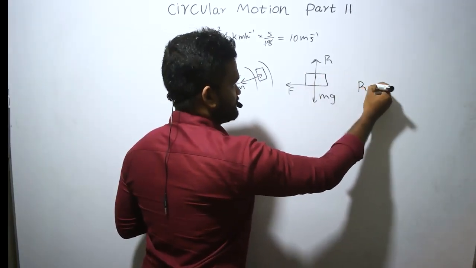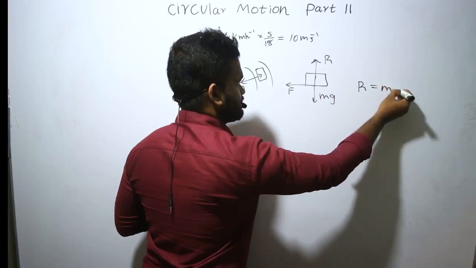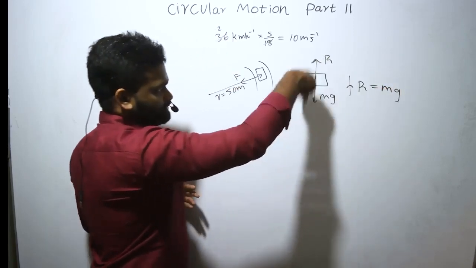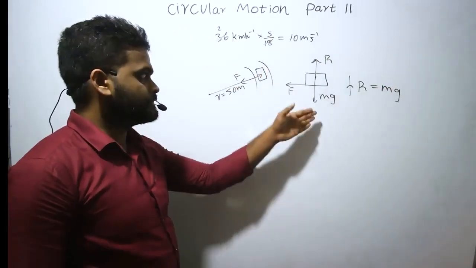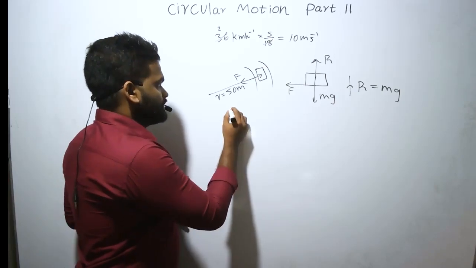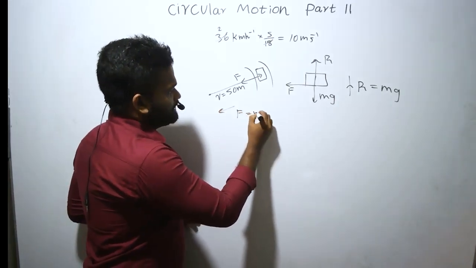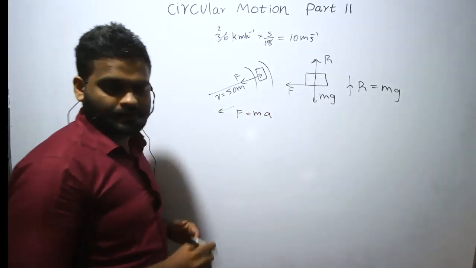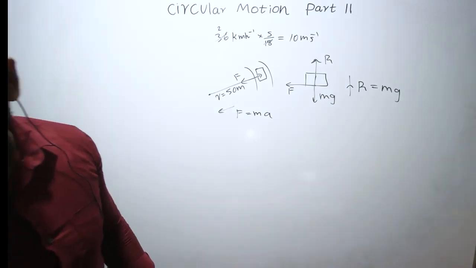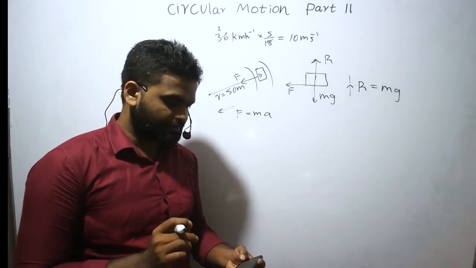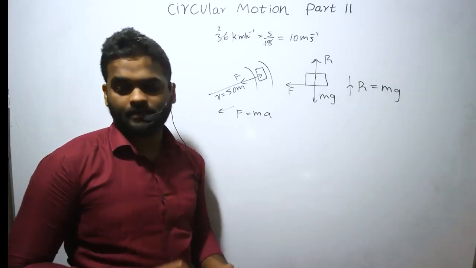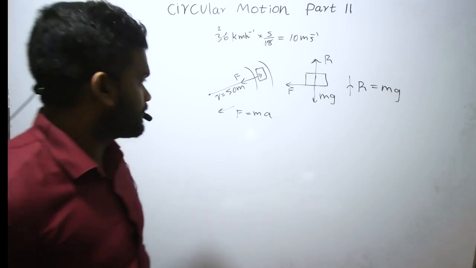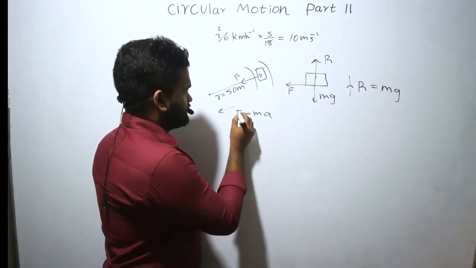According to this, you can write R equals mg, just thinking about force equilibrium vertically. Then, as usual, just apply F equals ma towards the center. What they ask is the centripetal force required, so let's find that.